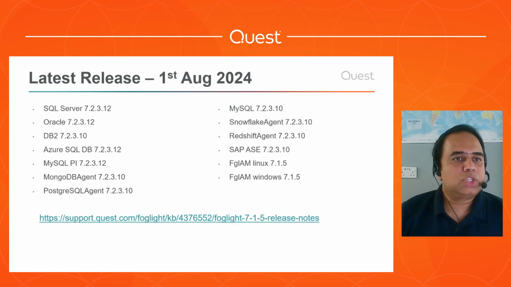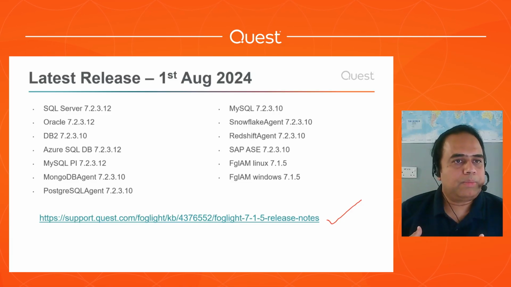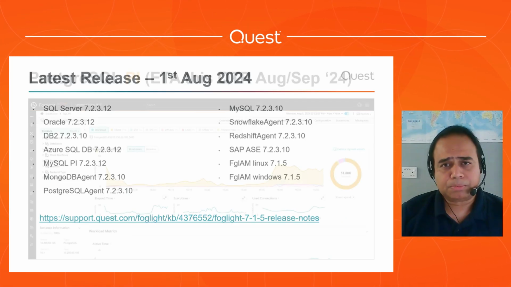A lot of new versions were incorporated in the latest release. I would suggest please take a look at the release notes, which are available as a link there. And if you are currently using any of these cartridges, it's available for you to upgrade by downloading from the Quest portal.